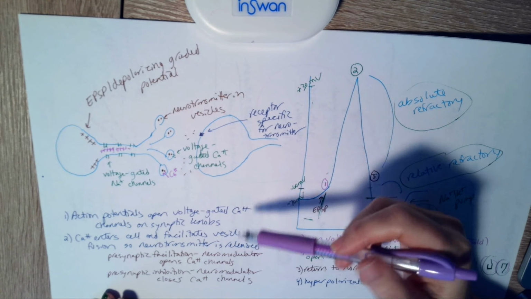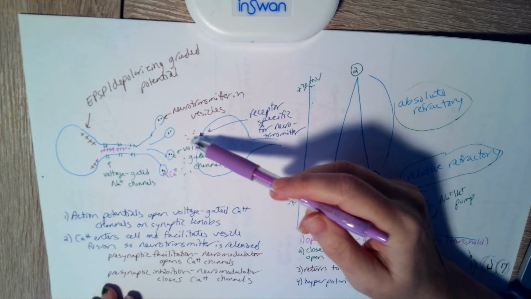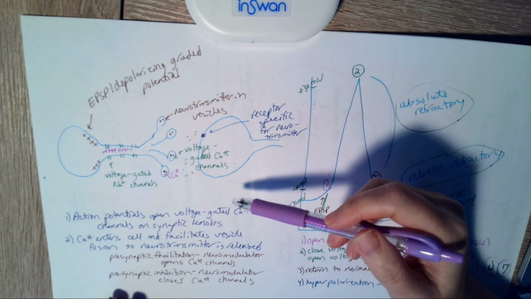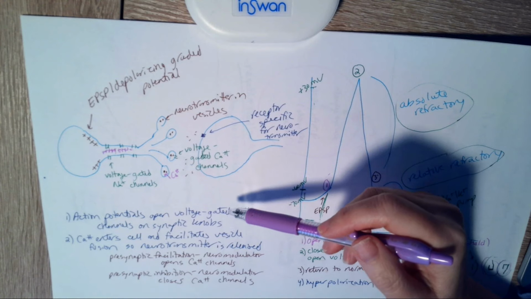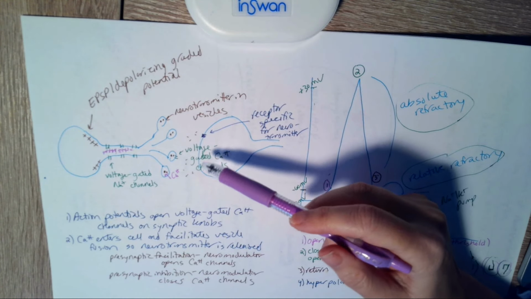Now, we also have things that are called neuromodulators, and neuromodulators are not neurotransmitters, but they're sort of similar in that they're going to affect the function of a neuron in some way. And they can do a couple of different things.